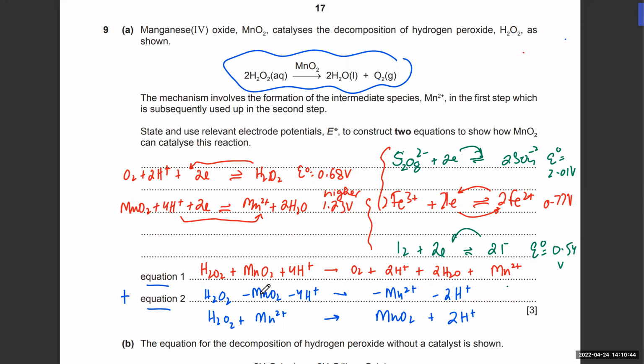I've got MnO2 that needs to be cancelled out, so the other equation would have minus MnO2. I've got 4H+, so this other one is going to be minus 4H+. Here I've got O2, so I'll keep that. I've got 2H2O, so I'll keep that as well. I'm going to cancel all the other things. 2H+, I'm going to put minus 2H+. I've got Mn2+, I'm going to put minus Mn2+. So this is going to be my other half equation.